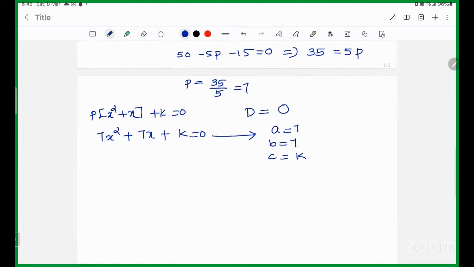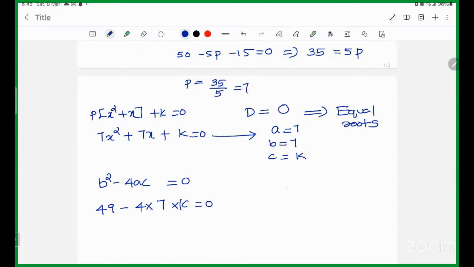So d equal to 0 means b square minus 4ac, d equal to 0 implies equal roots. b square minus 4ac equal to 0. b square is 7 square, 49, minus 4 into a is 7 into c is k.